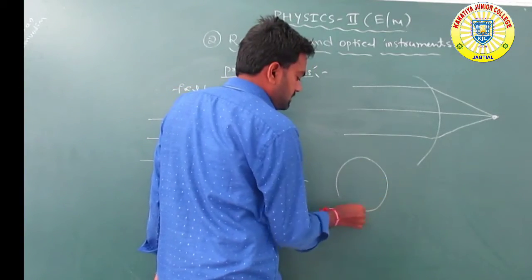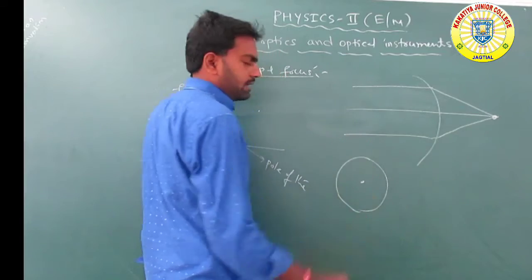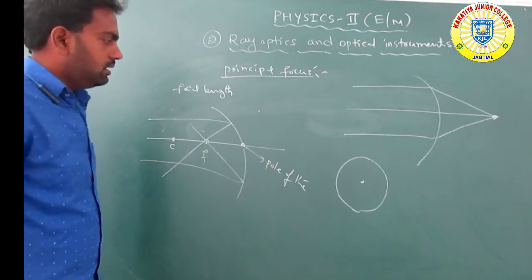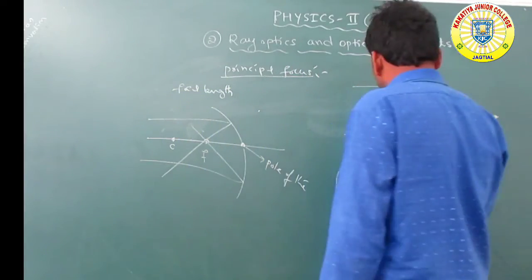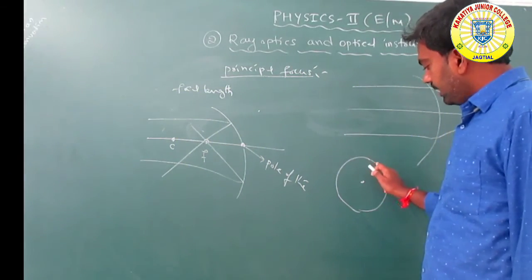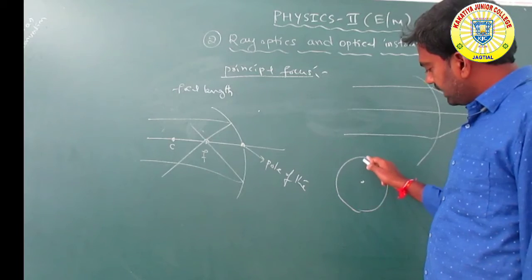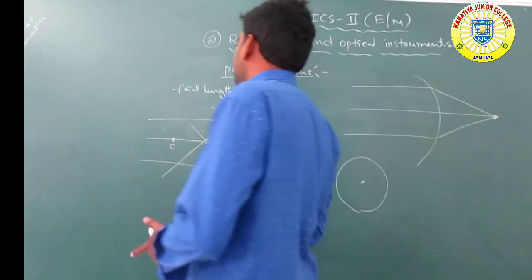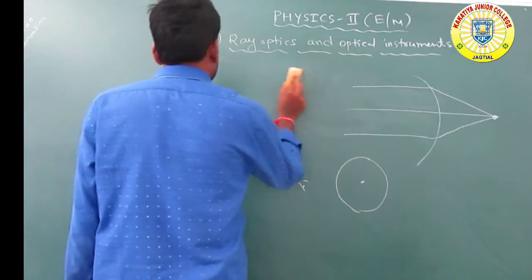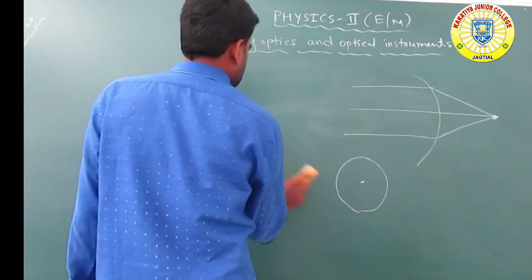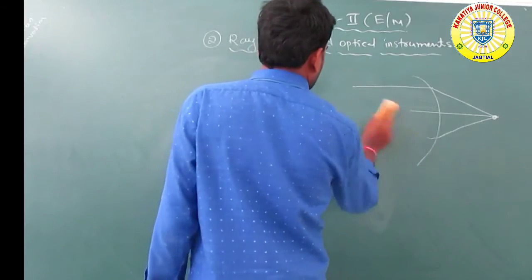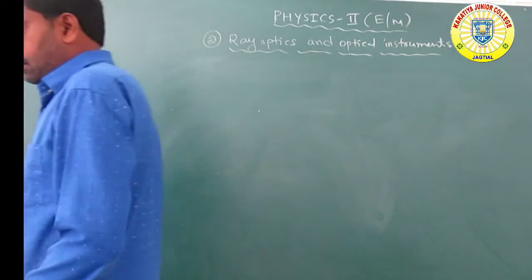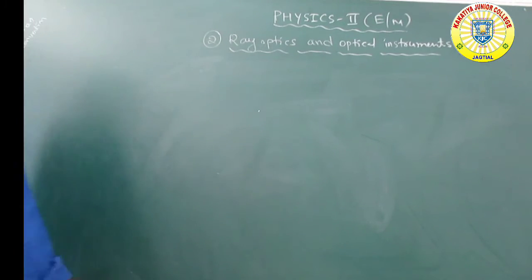This is a sphere with a radius, and when a part of it is cut, that part is a spherical surface. We already discussed this in the 10th class.